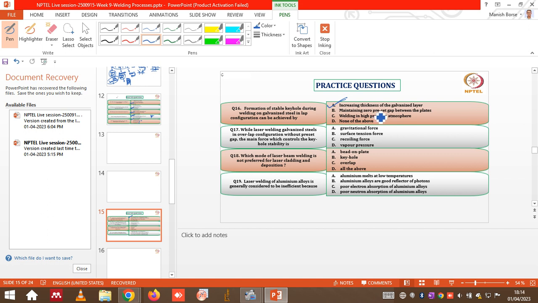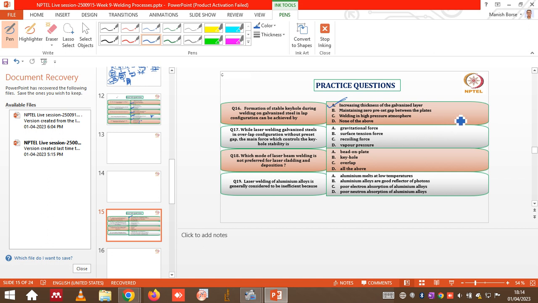Now, welding in a high pressure atmosphere is wrong here, because if we do the welding process in an atmosphere with higher pressure, let's say underwater welding, then because of the higher pressure outside, escaping of the vapors is difficult, right?